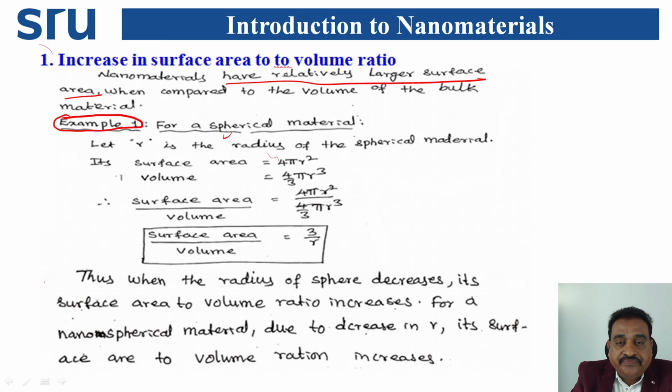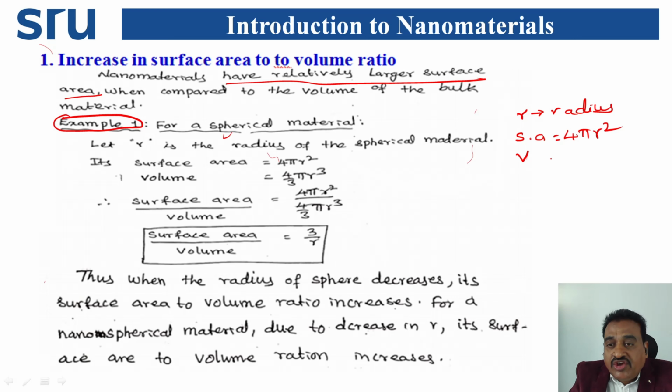Example 1: for a spherical material, let the radius of the spherical material be smaller. You know very well the surface area of a spherical material is 4 pi r square. What about the volume? Volume is equal to 4 by 3 pi r cube.